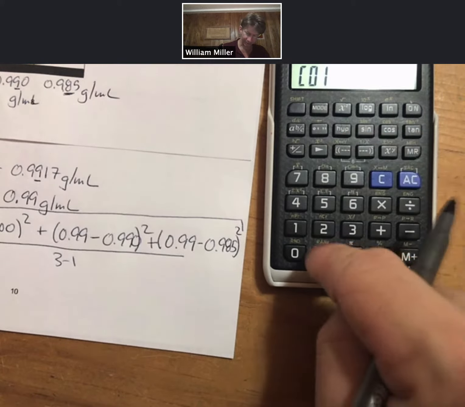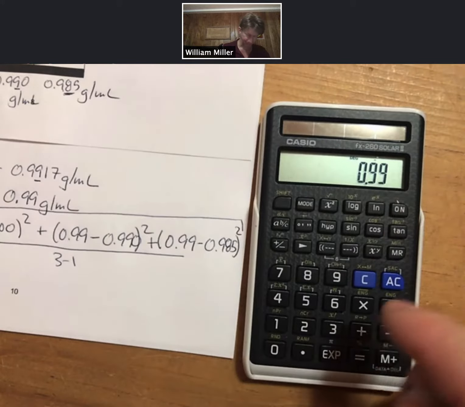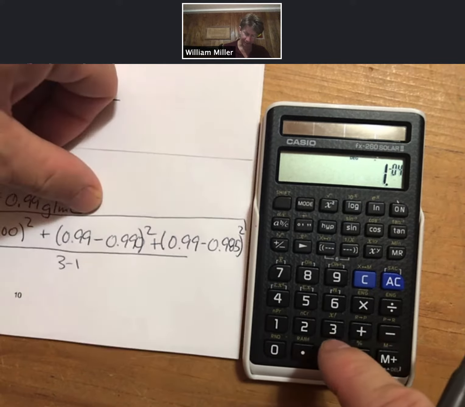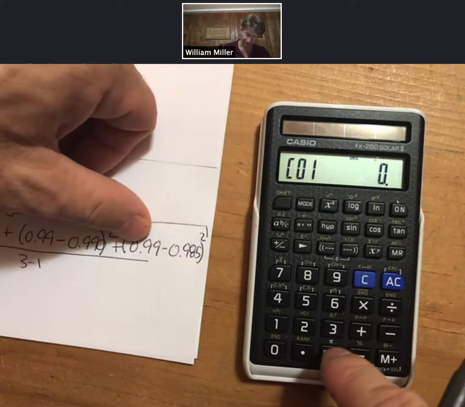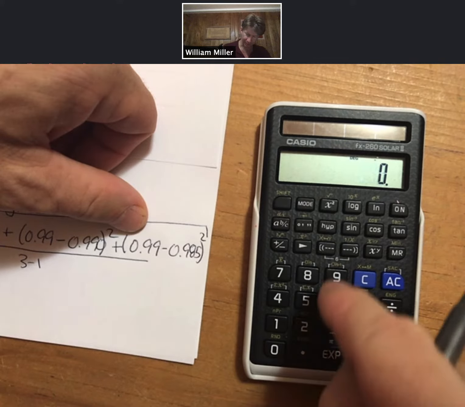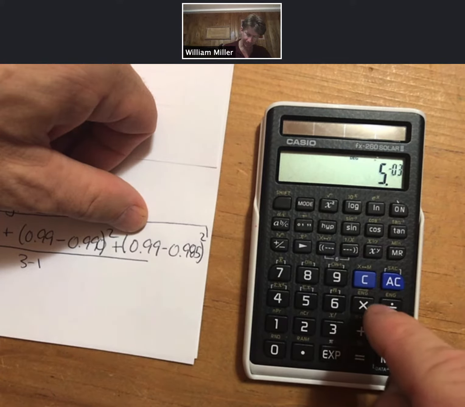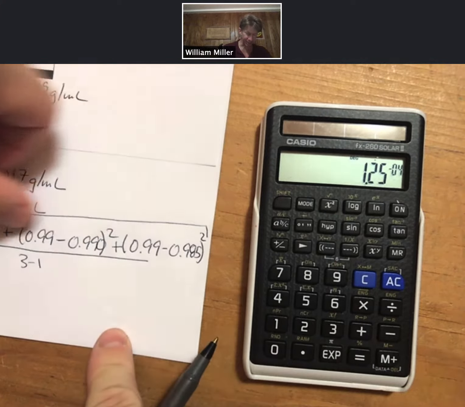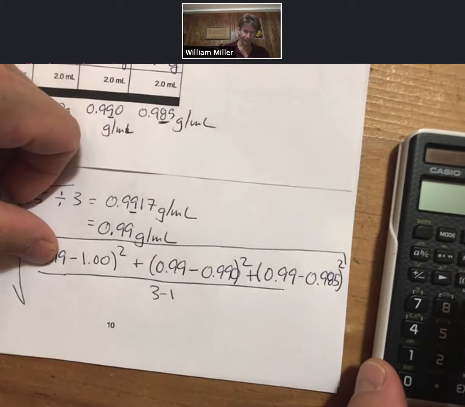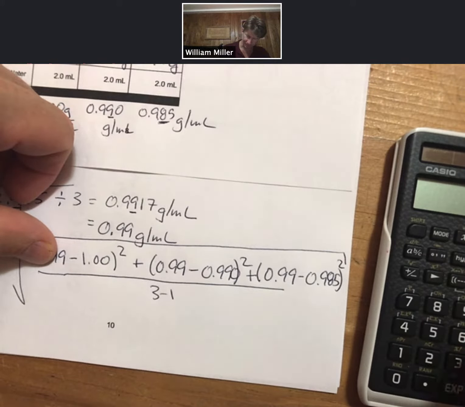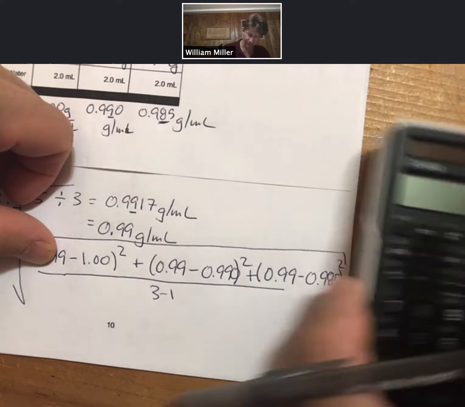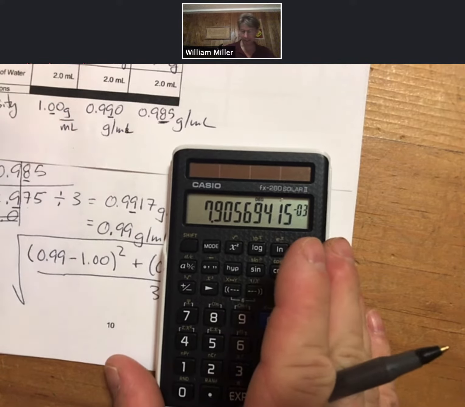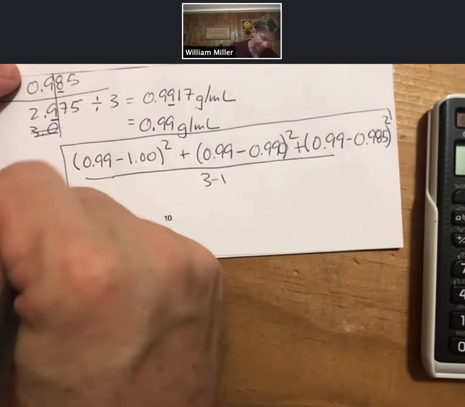Parenthesis 0.99 minus 1, end parenthesis squared, that's a 0, plus parenthesis 0.99 minus 0.985 end parenthesis squared equals, that's this top part here. Now I'm going to divide it by 2, and then square root it, and I get 7.9 times 10 to the minus third as my standard deviation.